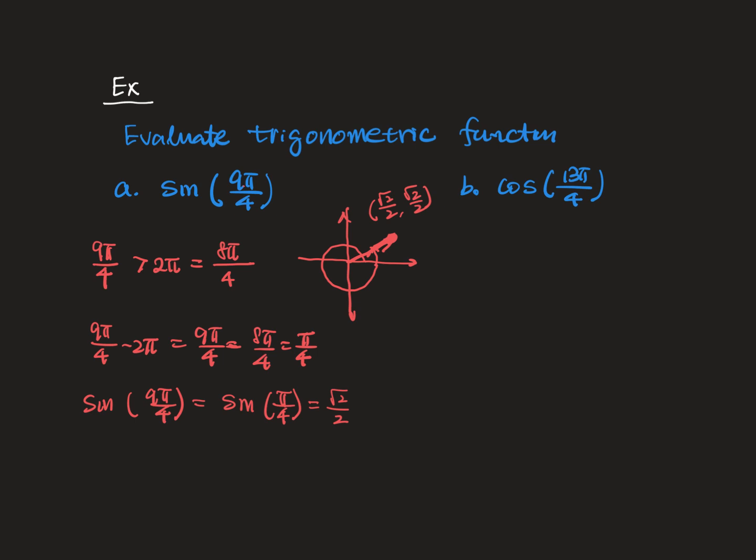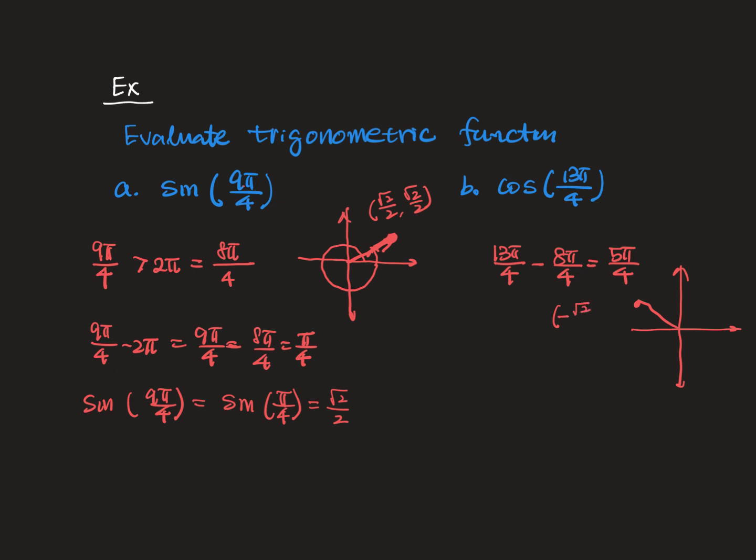How about this one? 13 pi over 4. Let's find it. This one is definitely greater than 2 pi. 13 pi over 4 minus 8 pi over 4 is 5 pi over 4. 5 pi over 4 is on the unit circle, right there. So what is this coordinate going to be?